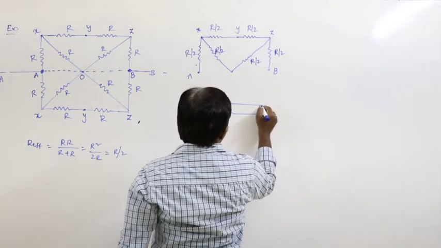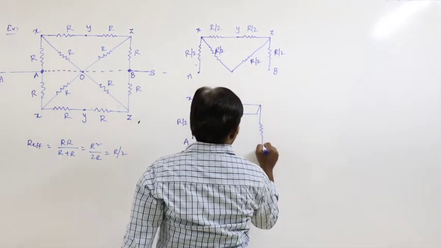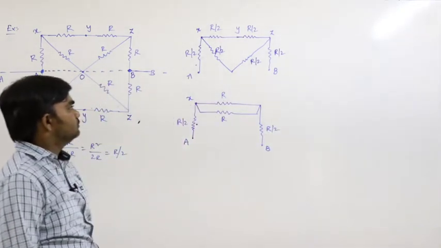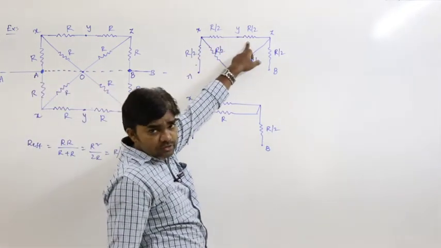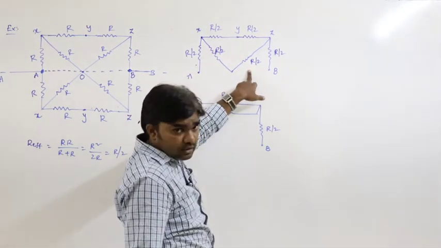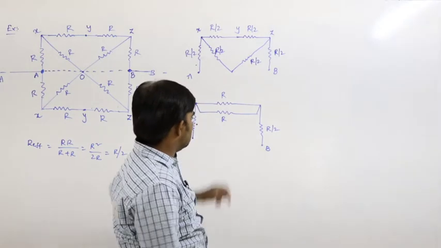That is R. So next it is B and it is R by 2. R by 2 in series, effective resistance is R. Here R by 2 are in series again, effective resistance is R.